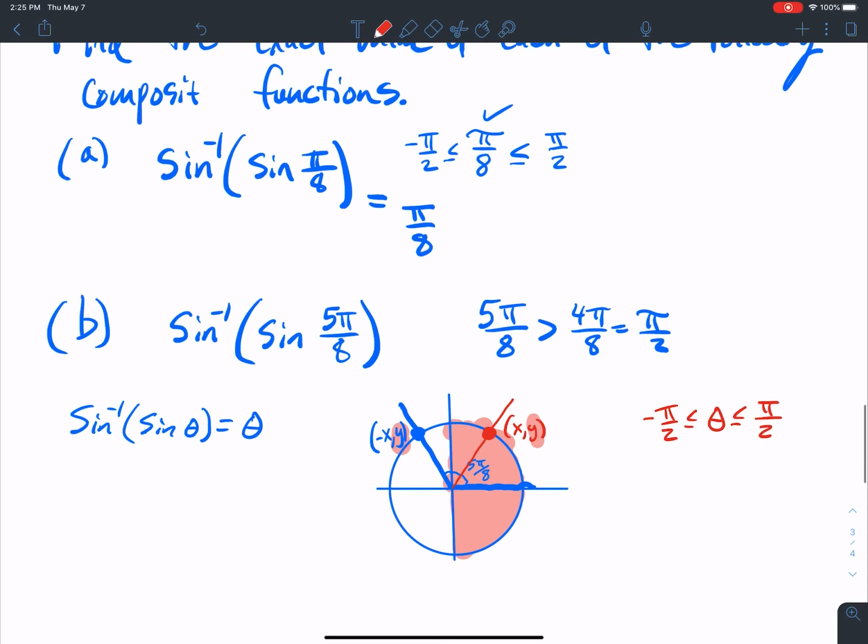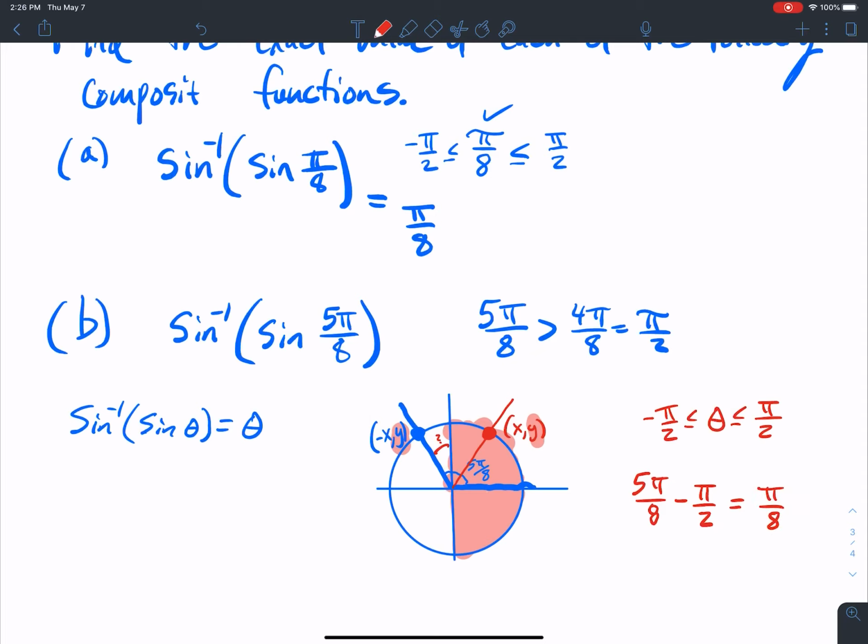So we've got to figure out what is that angle that gets us back to it. How far over did I go this way? Well, if I take 5 pi over 8 and I subtract pi over 2, I'm going to get pi over 8.